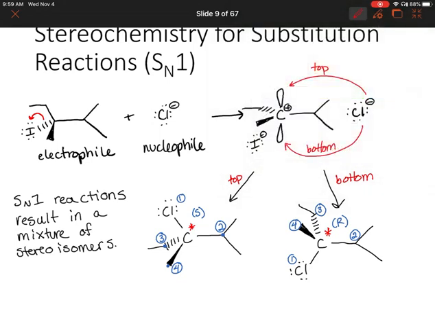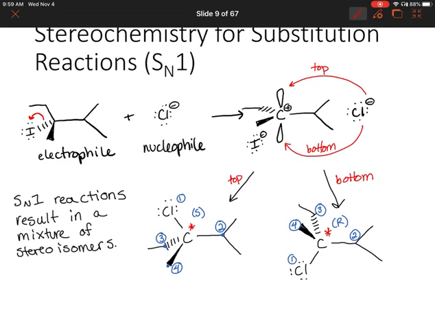So if chlorine attacks from the top, you'll notice that it's attacking from the opposite side of where iodine was. So the nucleophile is attacking opposite where the leaving group was.